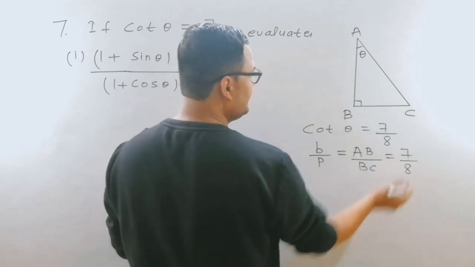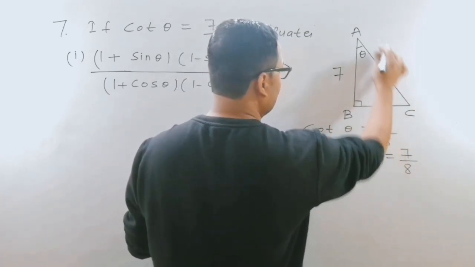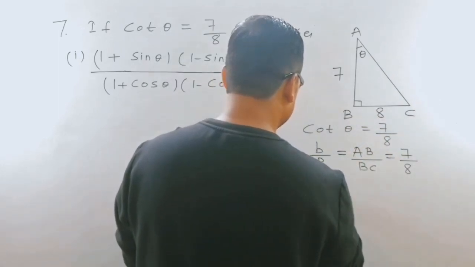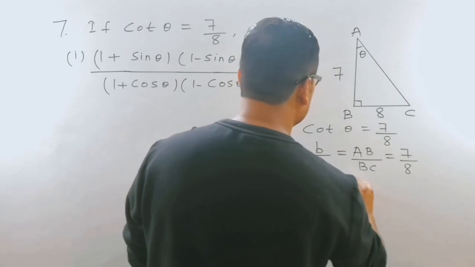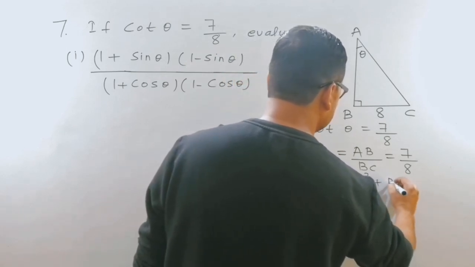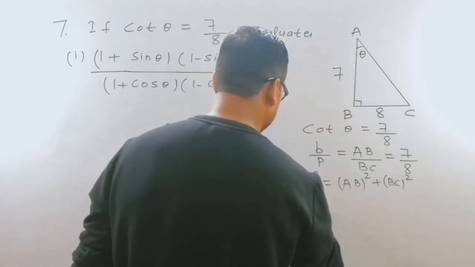It means AB equals 7 and BC equals 8. Now I need the hypotenuse AC. Then AC square equals AB square plus BC square.